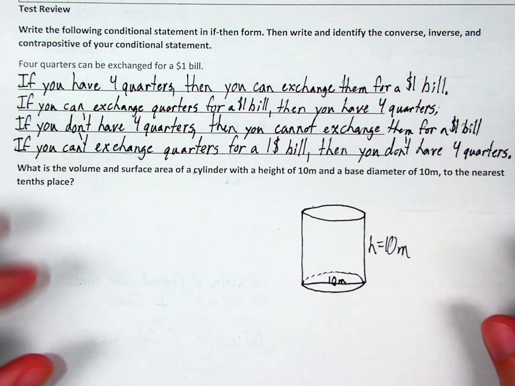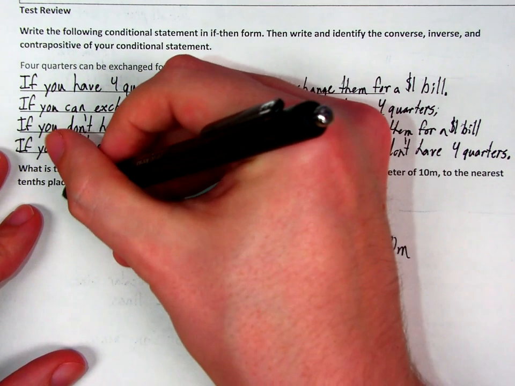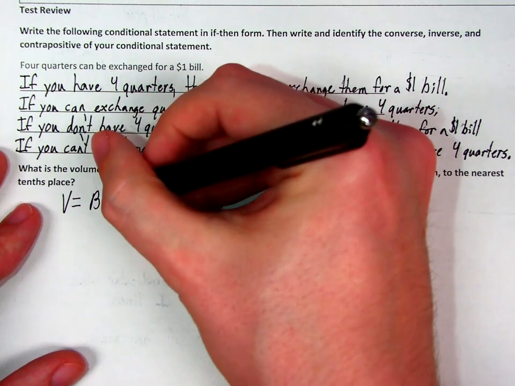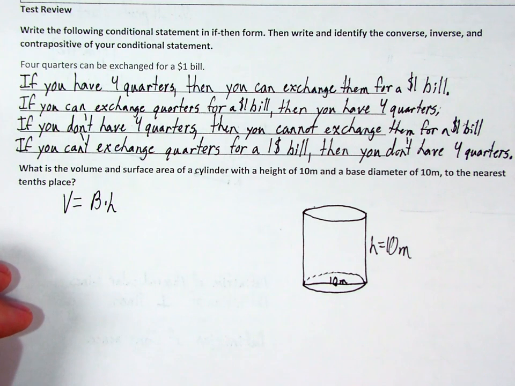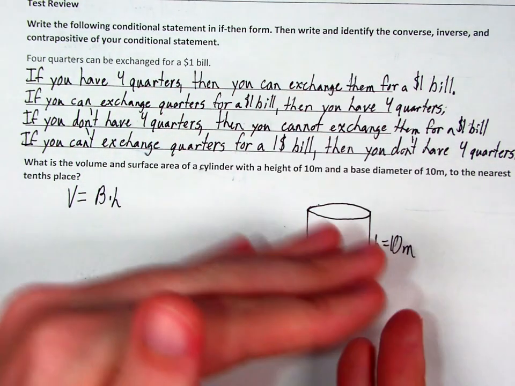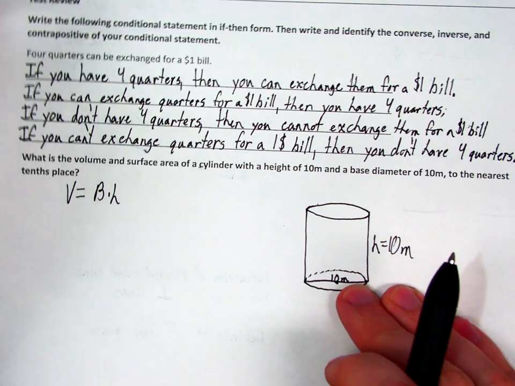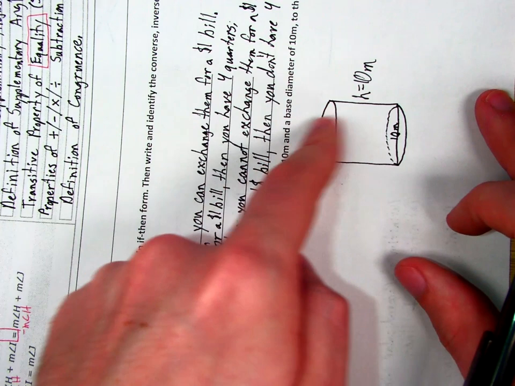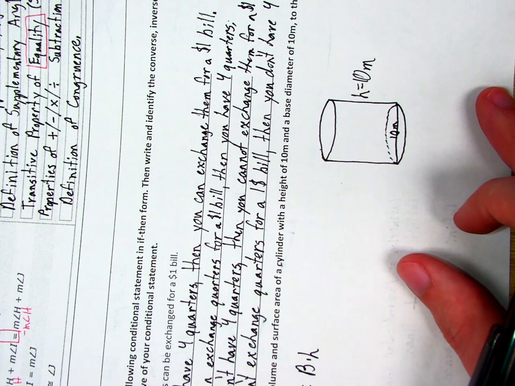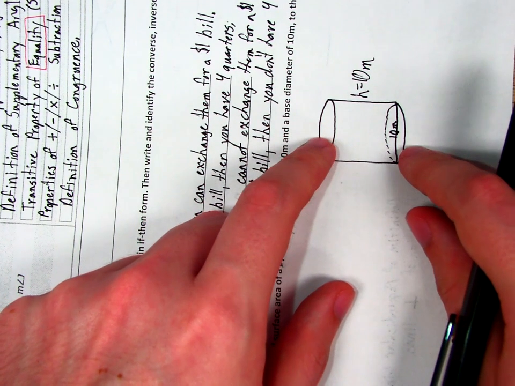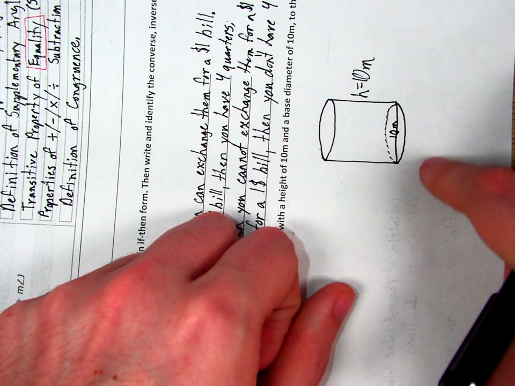We're going to have to make use of our formulas. For volume, we've got volume is capital B, the area of the base, times the height. We'll start with that. Again, the base here is a circle. It didn't have to be a circle flat on the ground. It could have been a picture to the side like this, but our base is still the circles. Your base of a cylinder or a prism is the shape you have twice, and only twice, that is parallel to one another.